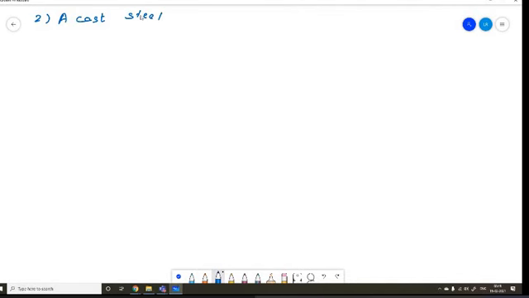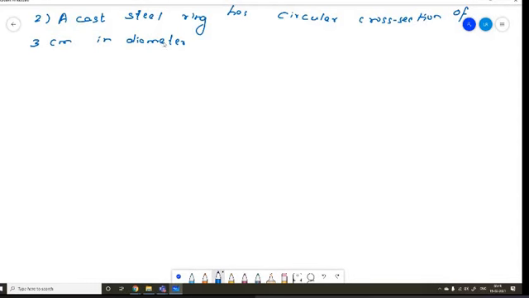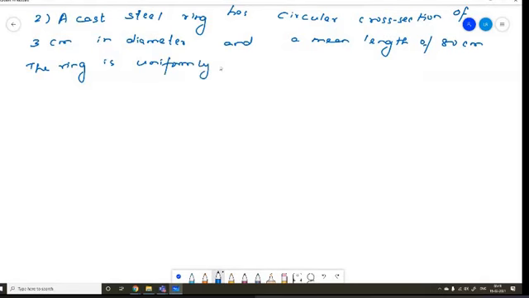A cast steel ring has a circular cross section of 3 centimeter in diameter and a mean length of 80 centimeter, and the ring is uniformly wound with a coil of 600 turns.